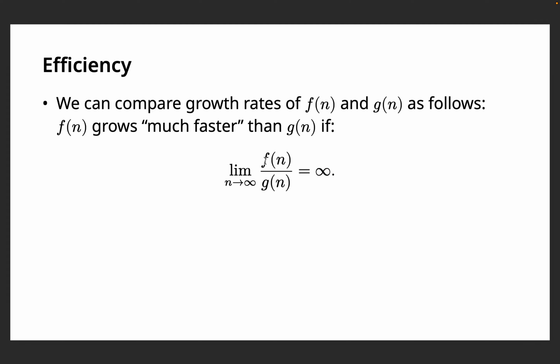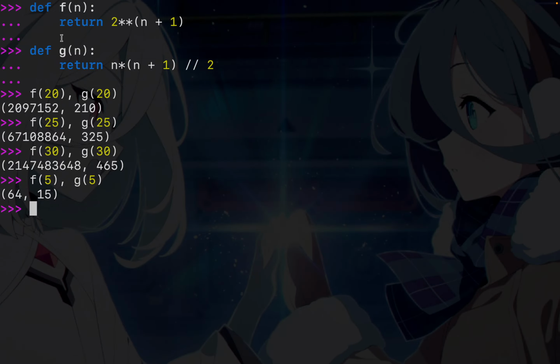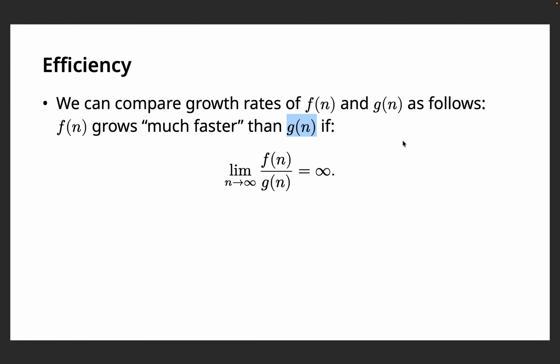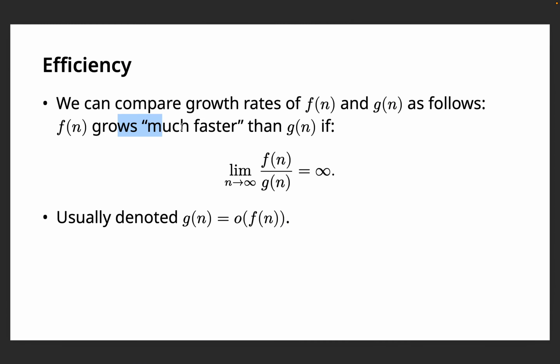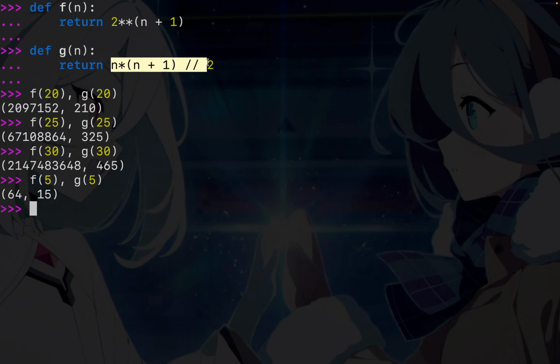For example, if f was 2 raised to n plus 1, and g was this function over here, the limit of this over this is equal to infinity. You should be able to derive that from Math 21. So since the limit of this over this is infinity, we usually say that the first function grows a lot faster than this second function here.